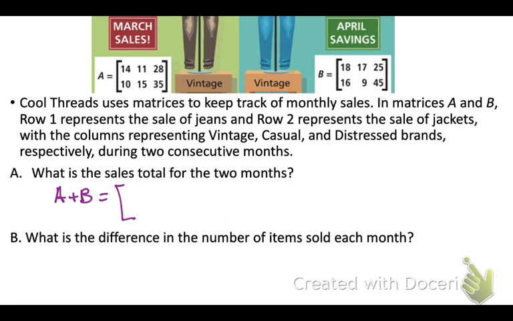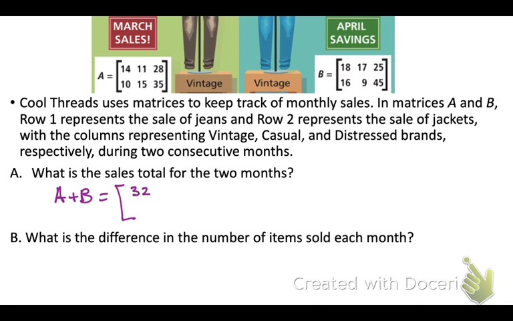Okay, Brandon, you got A done? I think so. What do you got? Don't you add them together? Yeah. Then I got 22. How about 32?